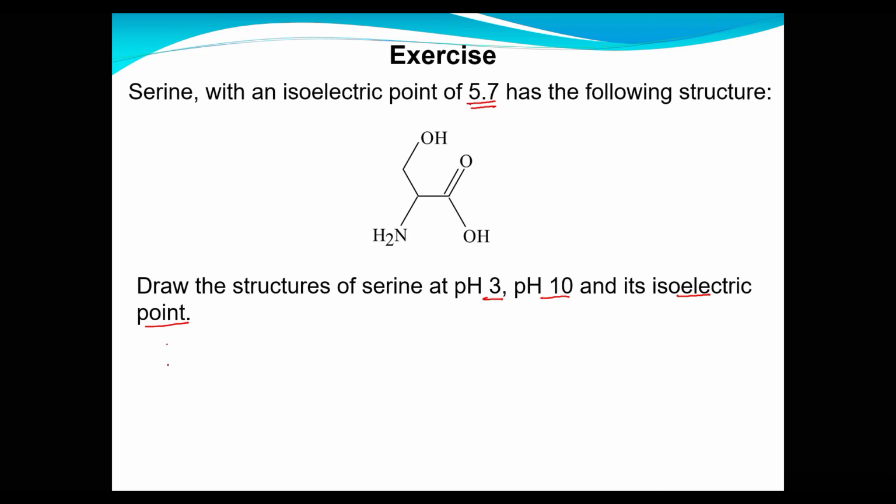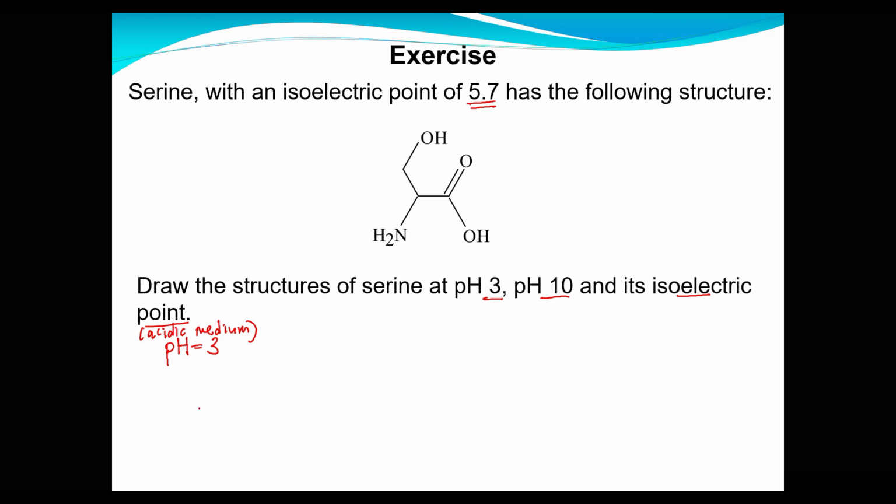Okay, let us draw the structure of serine at pH equals 3. Now this is an acidic medium. Serine will act as a base in an acidic medium by accepting a proton.